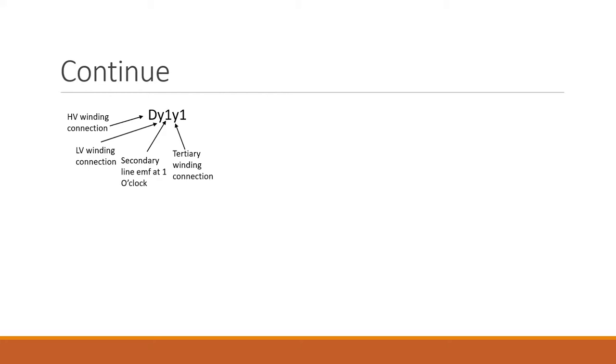That is basically the time phase displacement given by this 1. So 1 means again it is at 1 o'clock. The tertiary line EMF is at 1 o'clock.